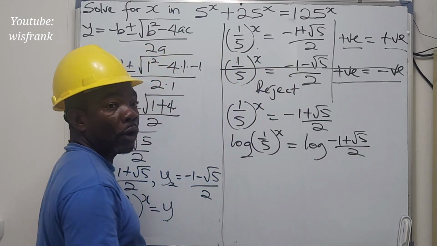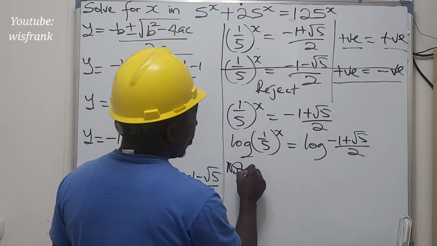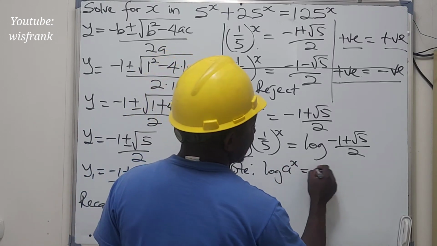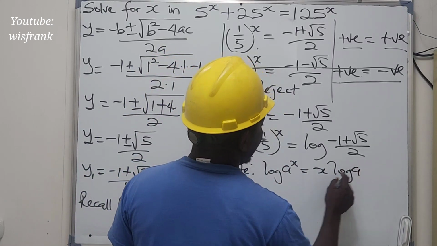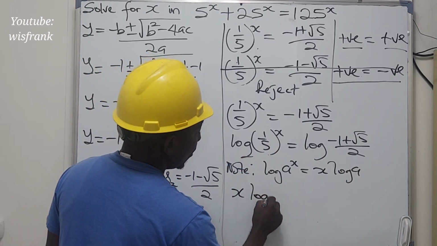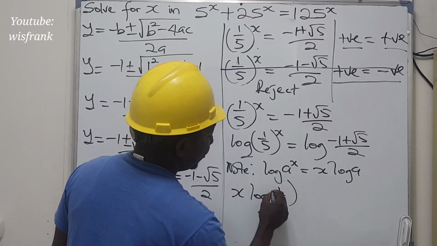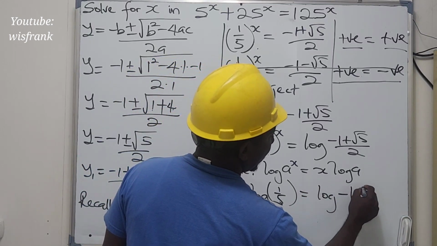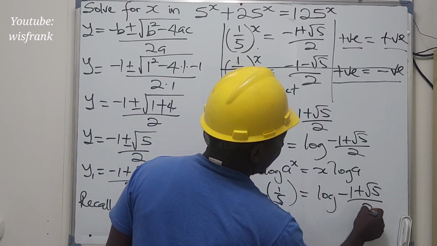Here we recall that when we have log a to the power of x, it's the same thing as x log a. Expressing this in this format, we have x log (1/5) equals log of minus 1 plus root 5 all over 2.